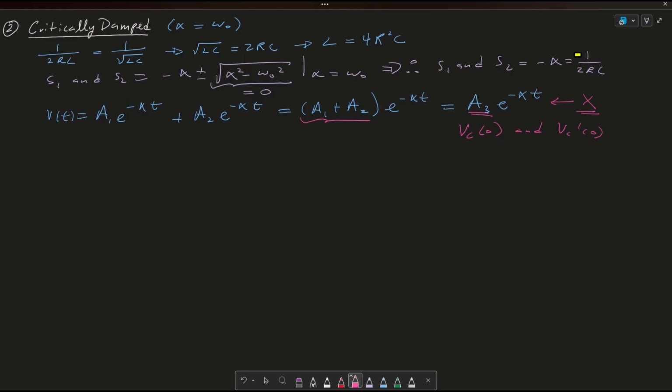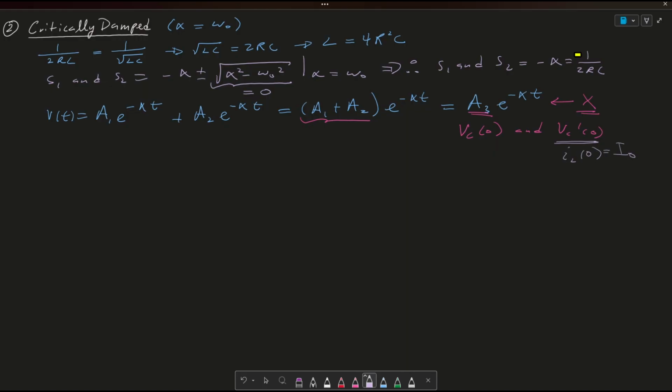We clearly did something wrong, and that's because our assumption of an exponential solution is incorrect for the special case of a critically damped system. Again, to be explicit, there are two initial conditions which we care about in this system: the initial voltage across my capacitor, and VC prime of 0, which was derived from the initial current through my inductor.